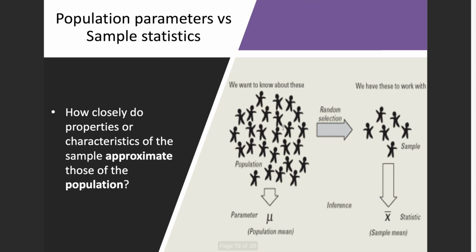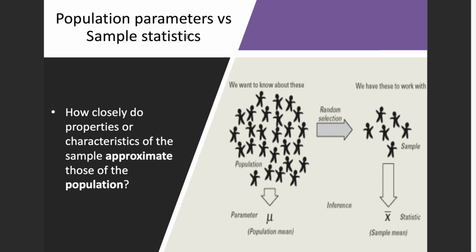Okay? Now, we have discussed that there are population parameters versus sample statistics, which are entirely different from each other. But what we do in statistics is we answer the question of how closely do the properties or characteristics of the sample statistics approximate those of the population parameter.